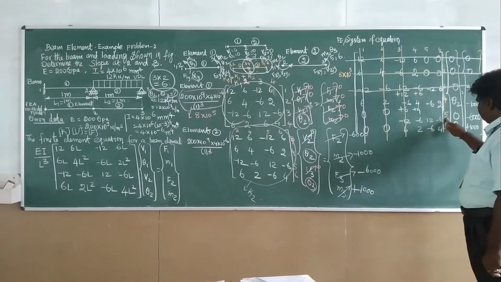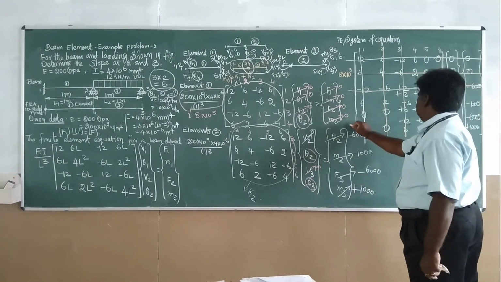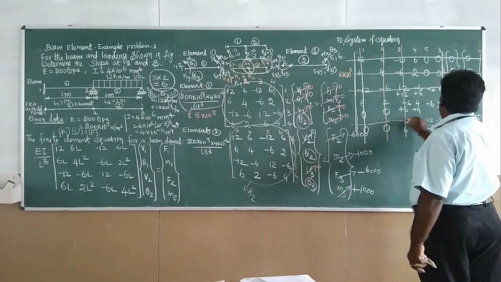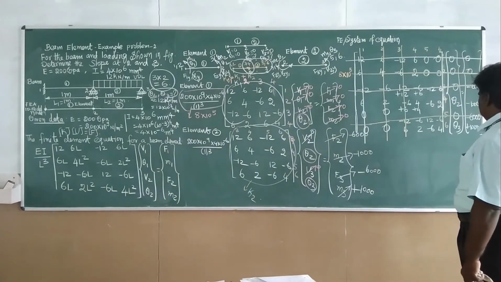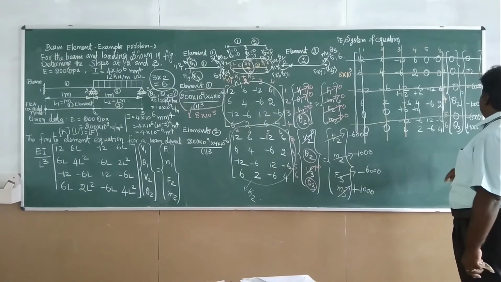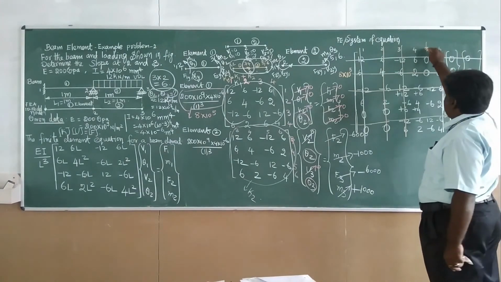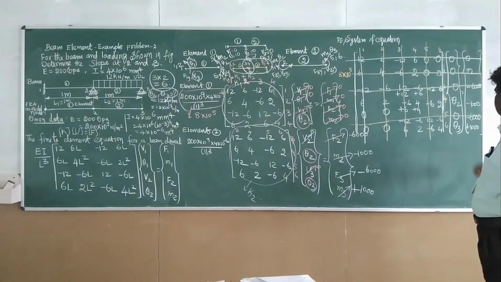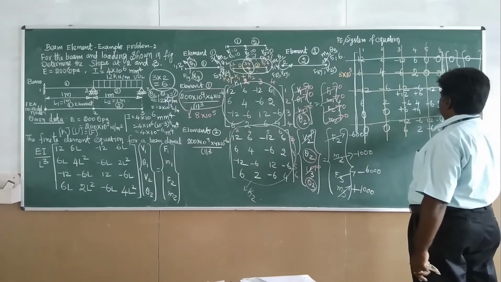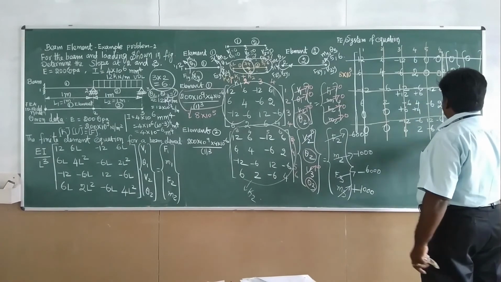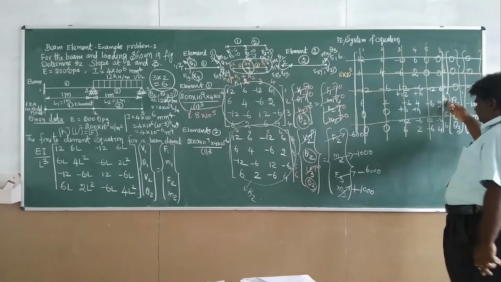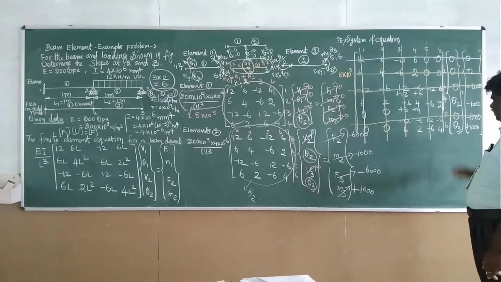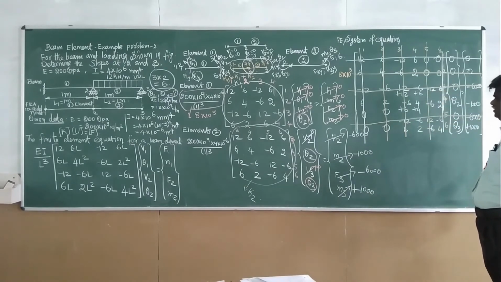So fifth row and column we can eliminate by the elimination approach. The remaining thing is we have to consider the fourth column and the sixth column and reduce the stiffness matrix.